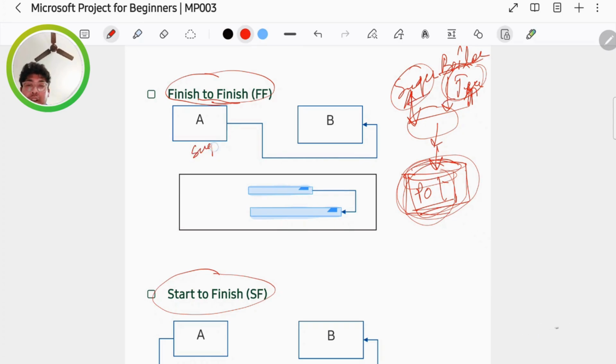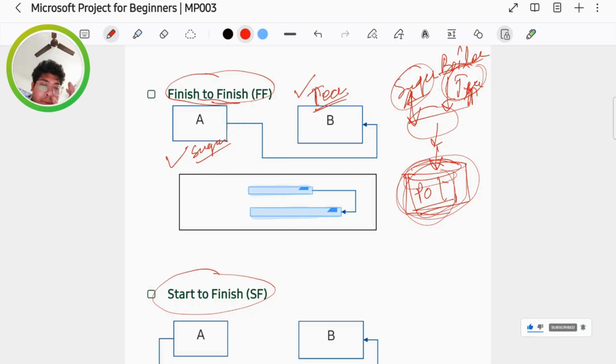Suppose this is sugar and this is adding of tea. We are not bothered about when we put sugar and when we put tea, but it should finish at the same time. The putting of sugar and putting of tea should complete by the same time.